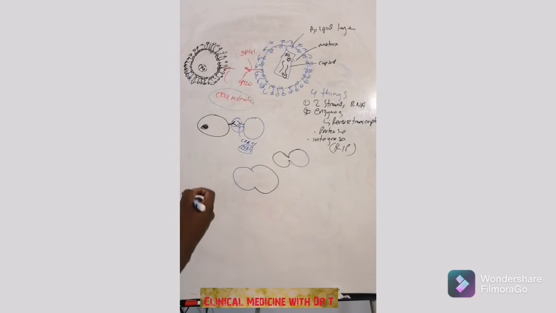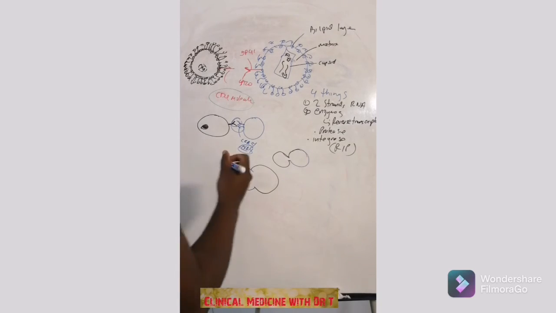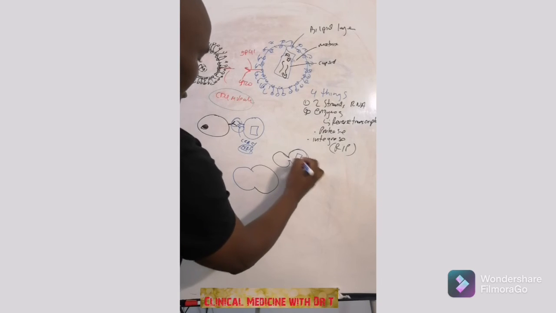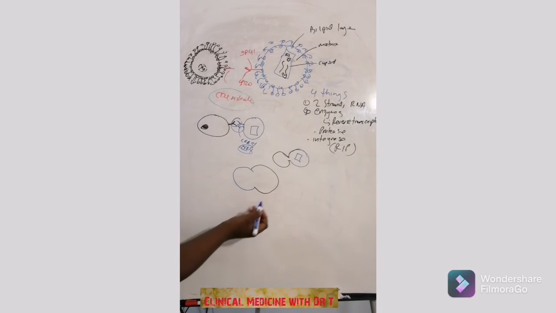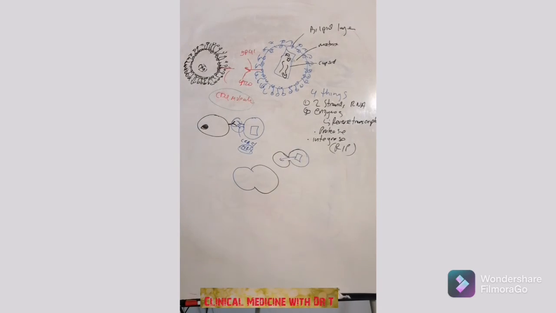And then all that genetic viral material that is there gets injected into the lymphocyte. Now you find it here like that.